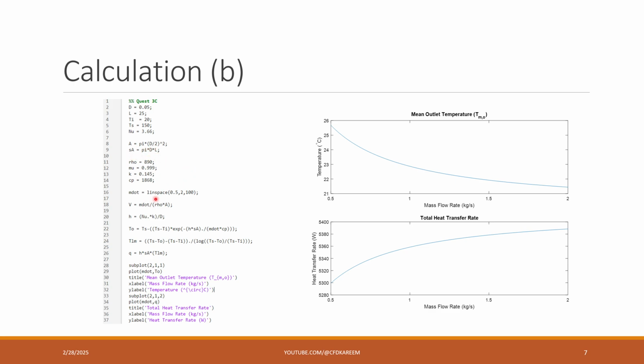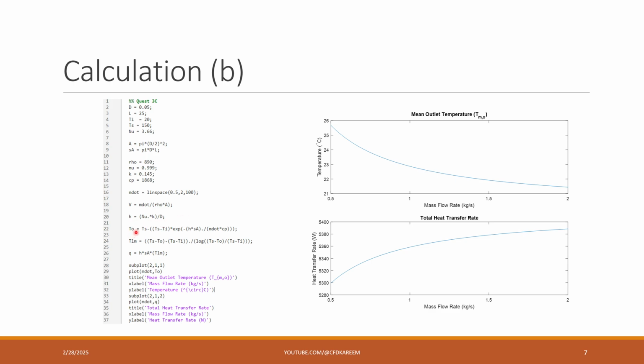And then we'll define a linspace for our mass flow rate. So we're asked to go from a mass flow rate of 0.5 to 2, and we're going to take that over 100 data points. So it'll do a linear interpolation of 100 data points between 0.5 and 2 using the linspace. We can then calculate our velocity at all of these flow rates as before, and then get an H value for all of those flow rates.